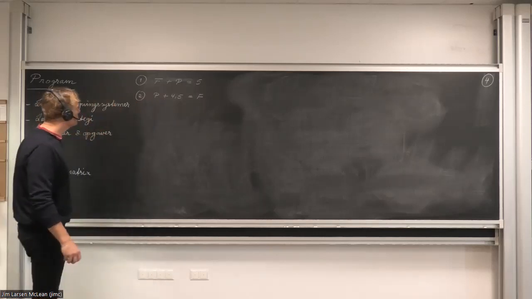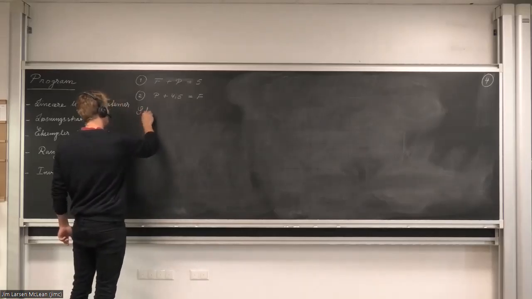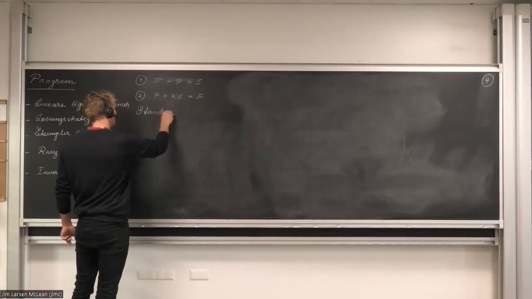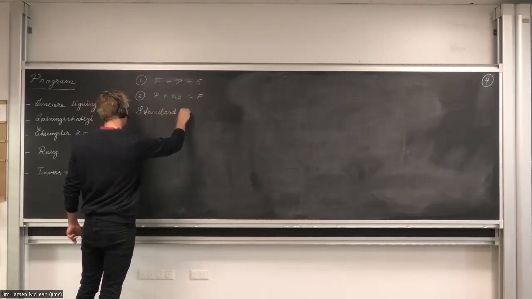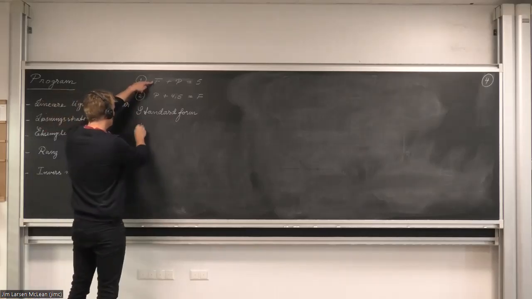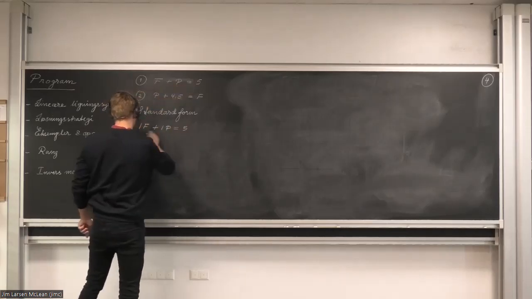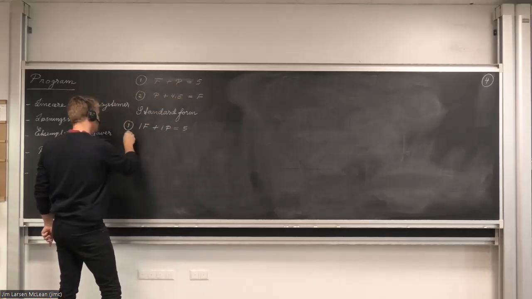If we write the two equations in standard form, it will look like this. We need to align the unknowns. Here we have 1F, remember 1P. So that was aligning equation 1, and equation 2 is written in a similar way.